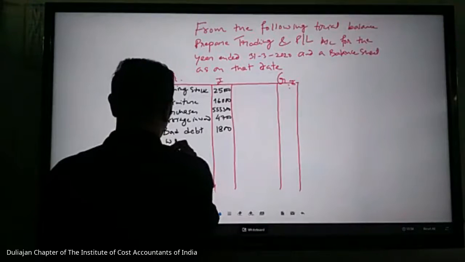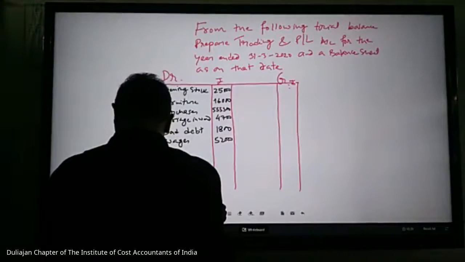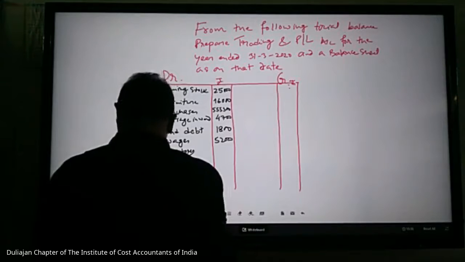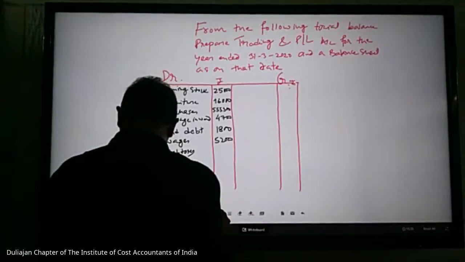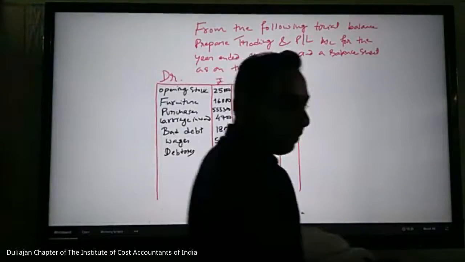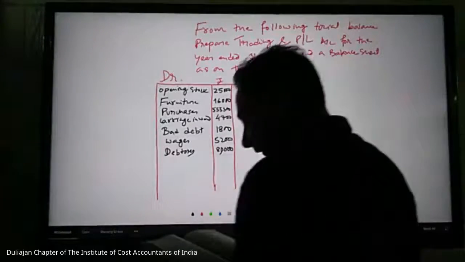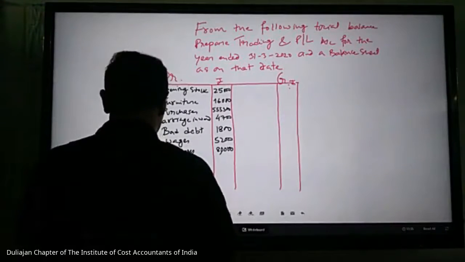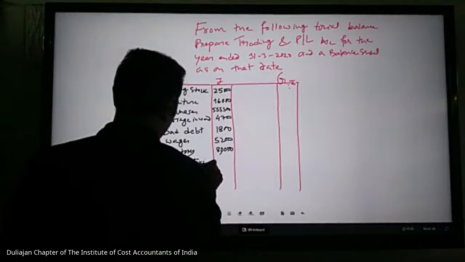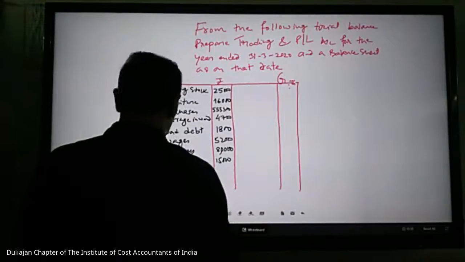Wages 52,000. Debtors 80,000. Sales return 15,000.